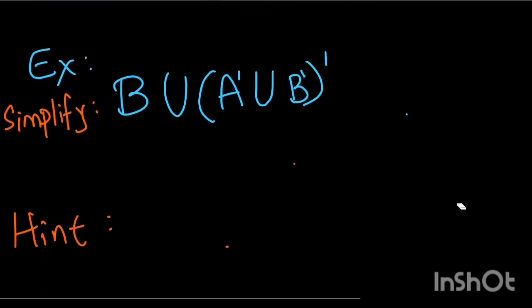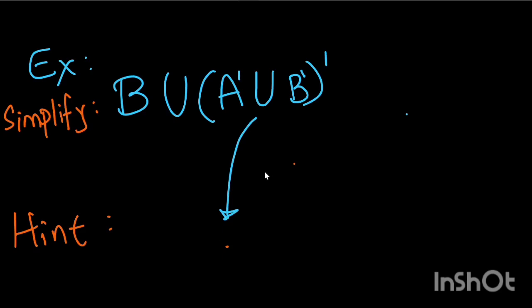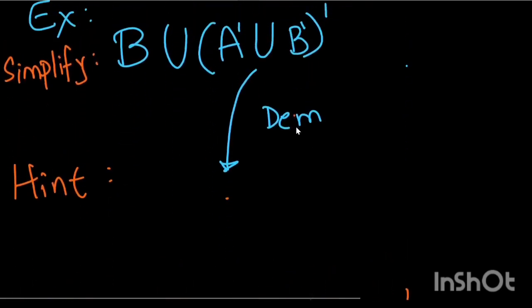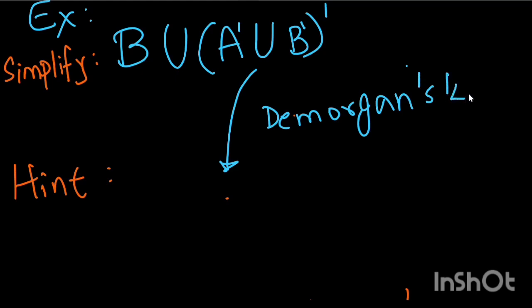If you must have seen this before in questions where complements are involved, we use De Morgan's law. De Morgan's law: (A' union B')' is A intersection B.